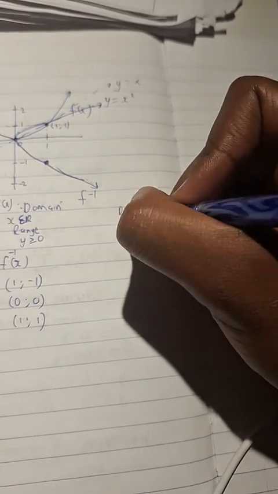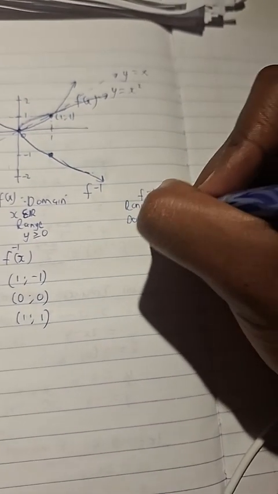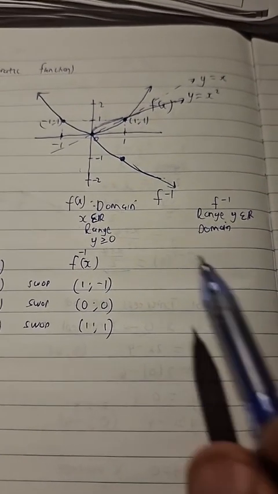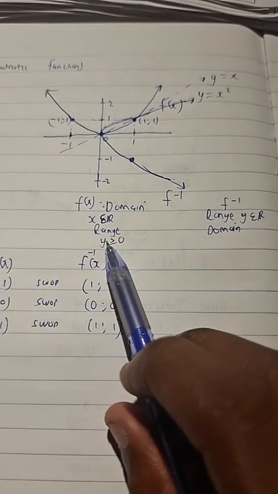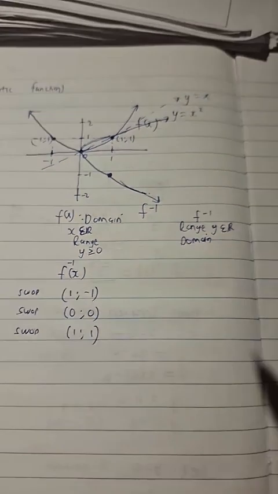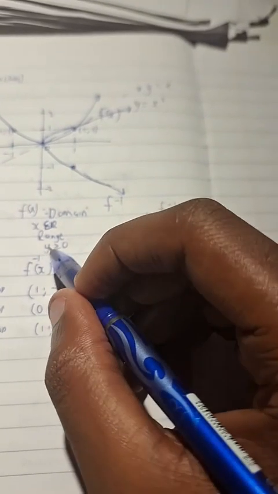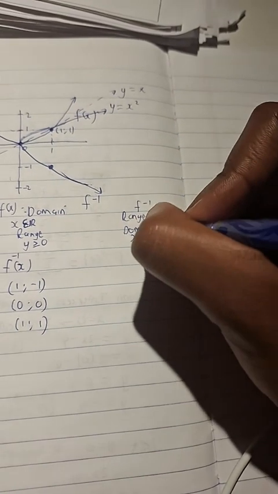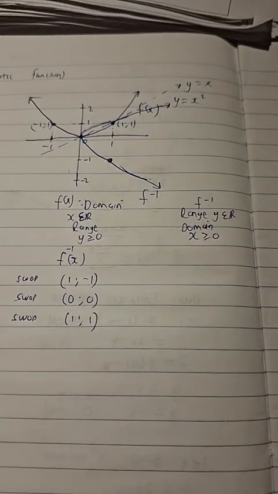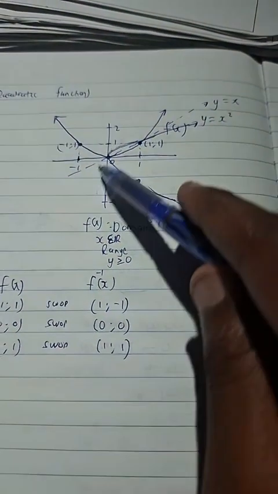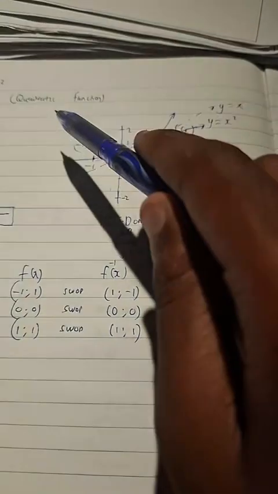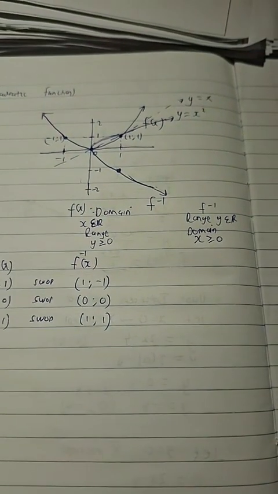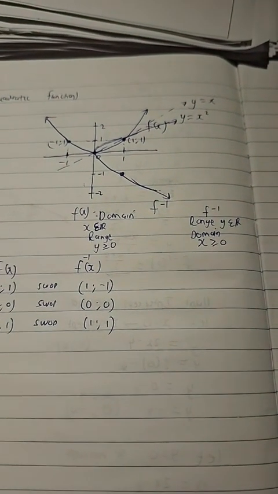What about the domain of the inverse? We simply swap with the range, swapping the x and the y. So the domain will be x is greater than or equal to 0, if we are looking at the inverse of this particular function. It's a matter of just swapping around: domain and range, you swap.